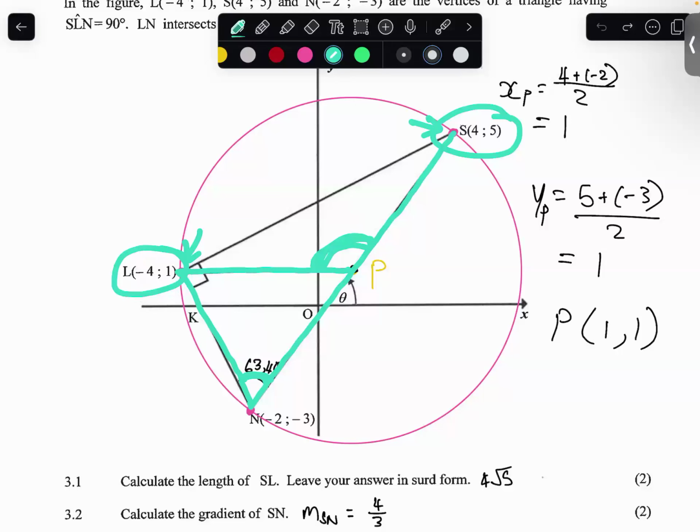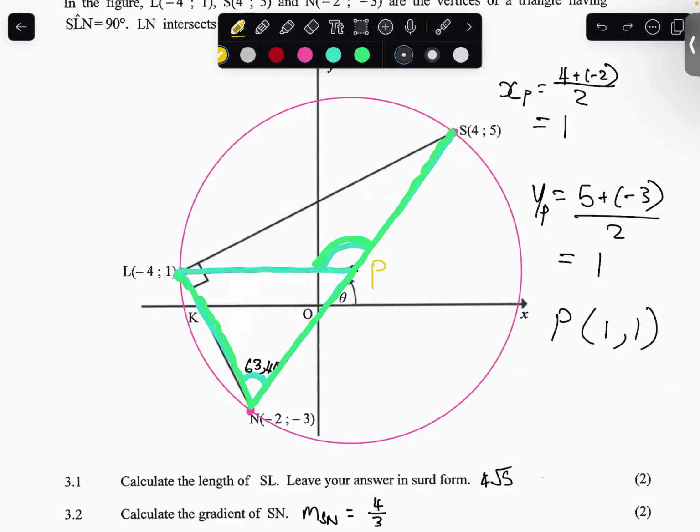And you can see that if you trace them back. If you trace back this angle, it comes from S and L. And if you trace back this angle also, it will come from L and S. And so that's angle at center 2 times angle at circumference.